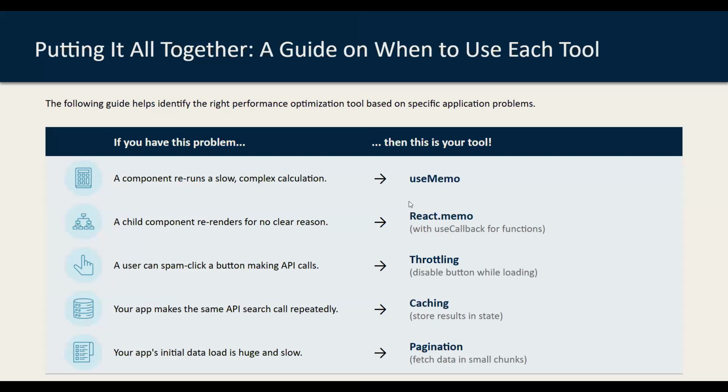Now that we've taken a look at all these concepts in this presentation, let's take a closer look at this guide, which will help you identify the right tools that you would need to improve your React app.